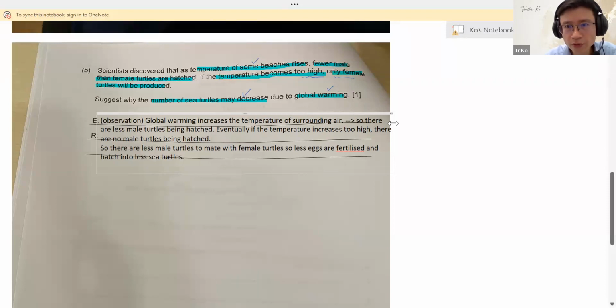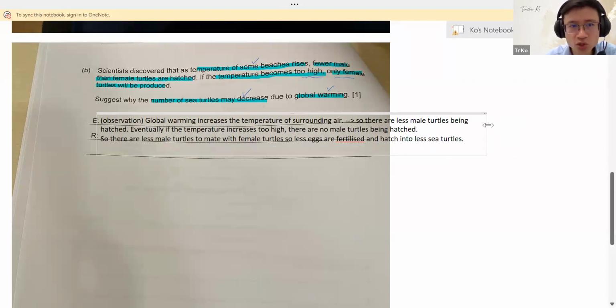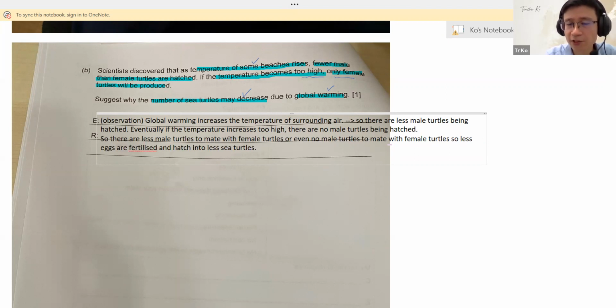Okay, so if there are no male turtles being hatched, so there's not even less male turtles, or even no male turtles to mate with female and fertilize the eggs.